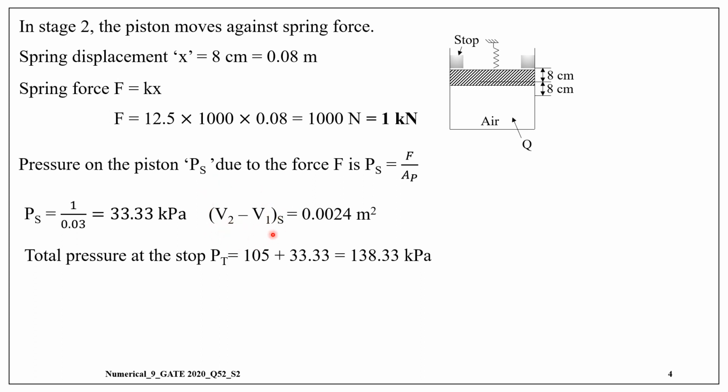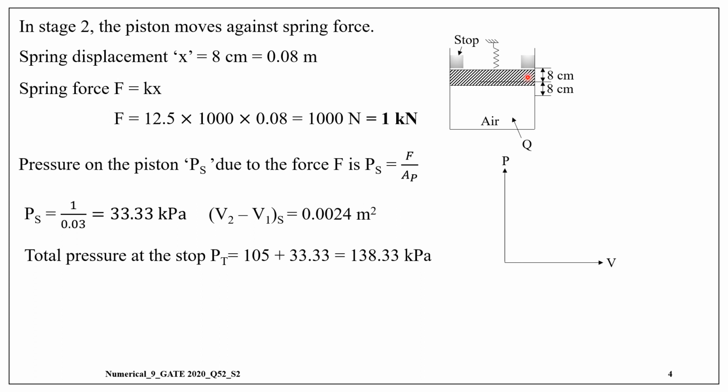Also, during the movement of the piston in the second stage, the volume change V2 minus V1 is equal to displacement of the piston, which we already calculated as 0.0024 meter cube, because the distance 8 centimeter is same for both the stages and the area of the piston is also same.